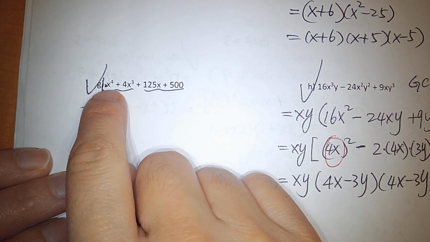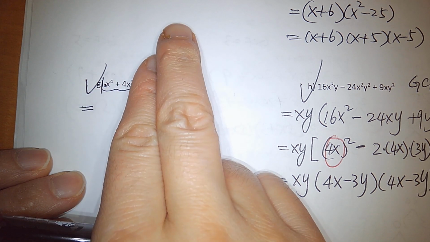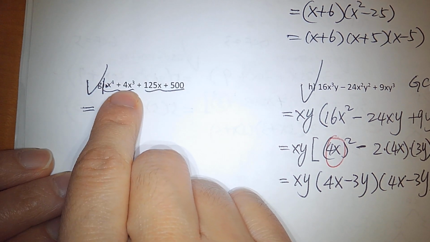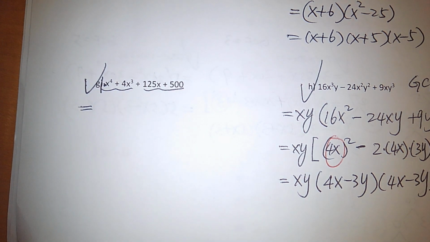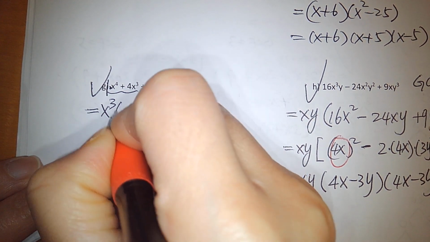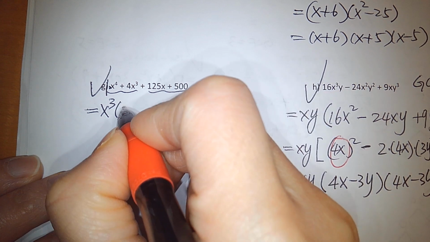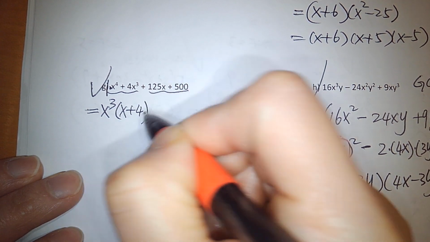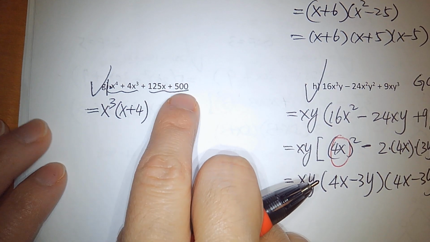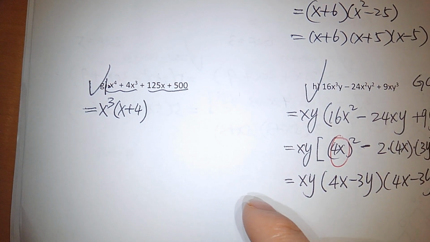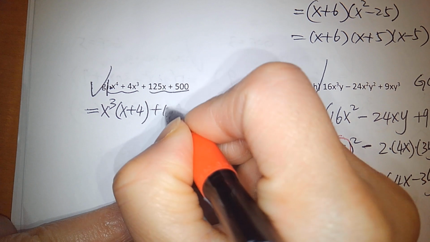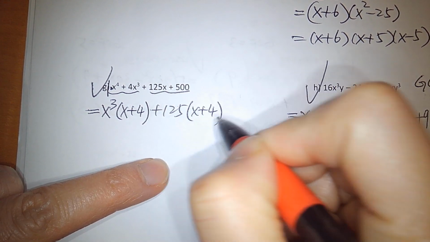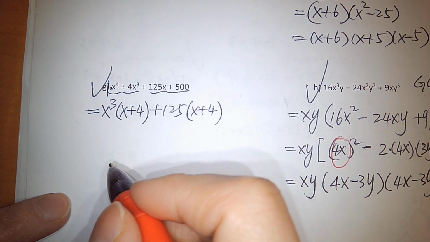So Jose, how about you keep on telling us? When we group the first 2 terms, what is the common factor? X cubed. So we get x cubed times parentheses x plus 4. And from these 2 terms, any common factor? 125. So we get 125 times x plus 4. And what do we do next?